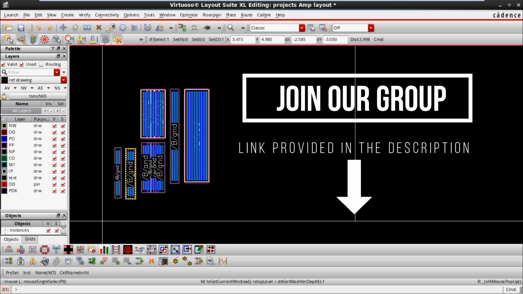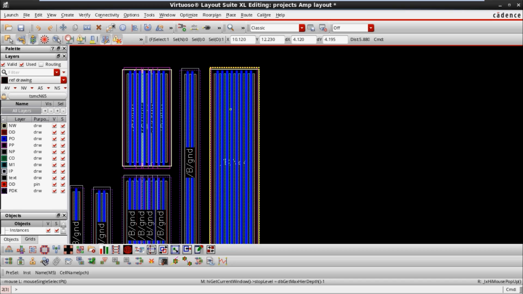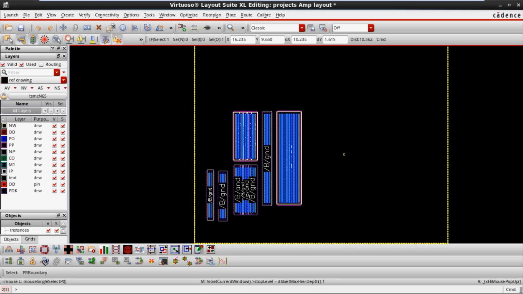But if it is a worst case, where you don't have any place or any area to route, then you can change the device parameter, finger-wise or multiplier-wise. But most of the time you should not change device parameters, even finger-wise or multiplier-wise. But if it is a worst case, we can change.